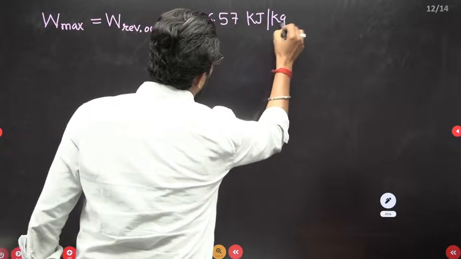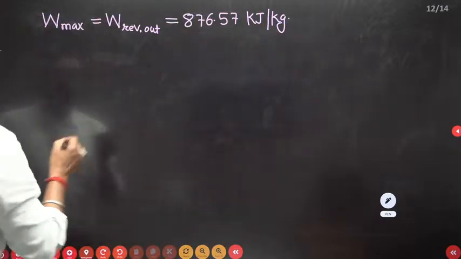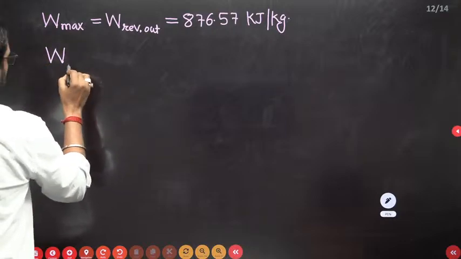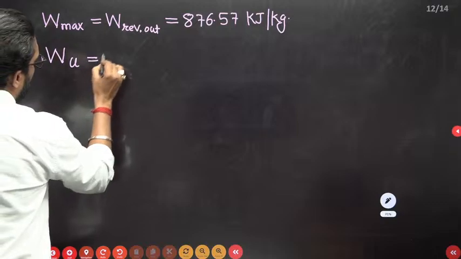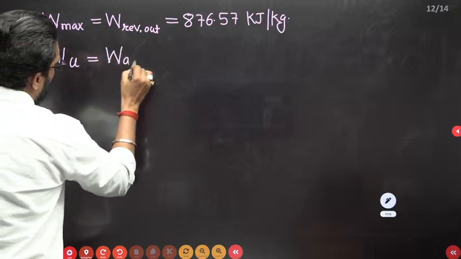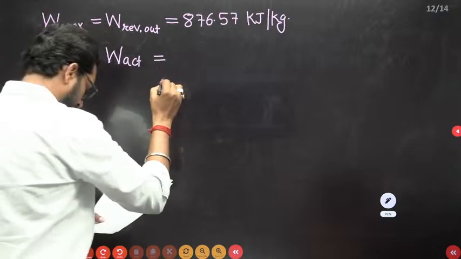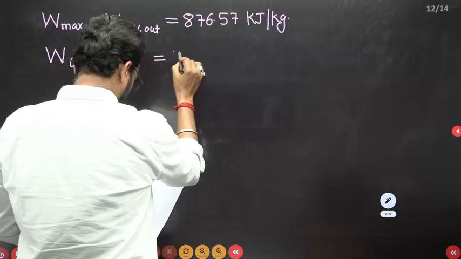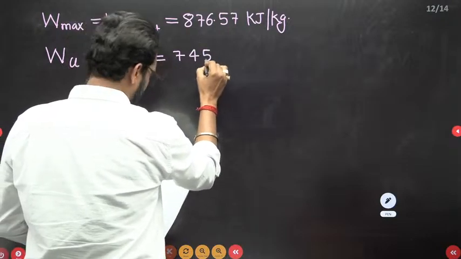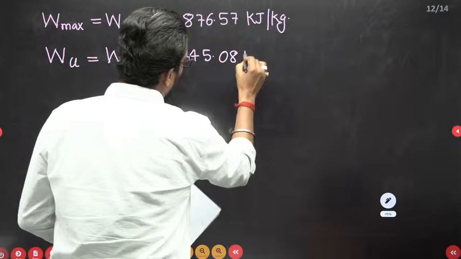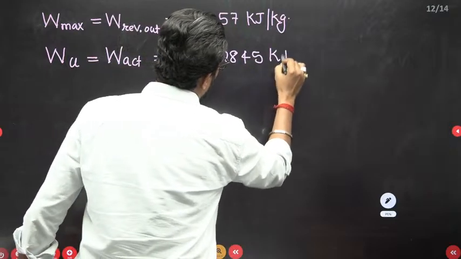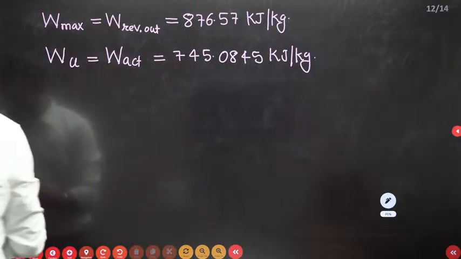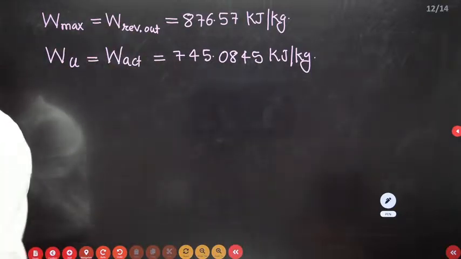This is your maximum, right? And what is your useful work? Actual. How much is it? 745.0845 kilojoule per kg.